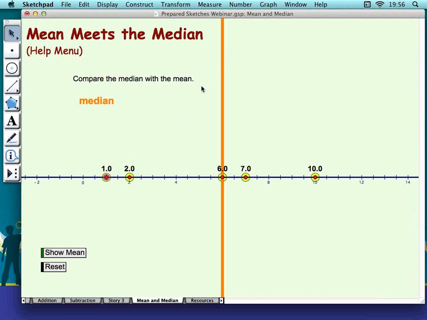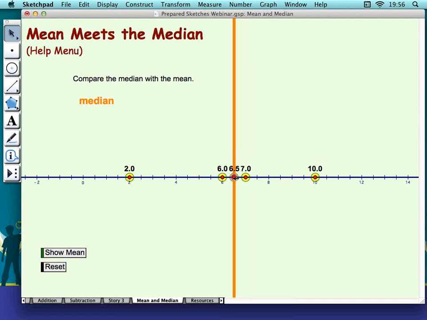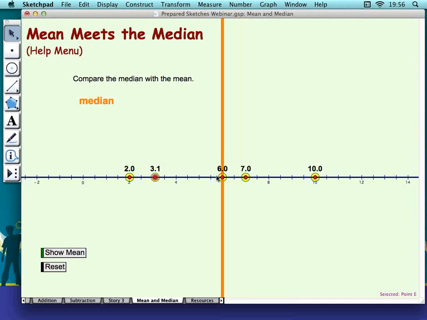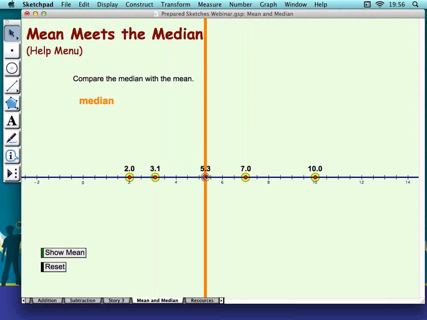And the orange bar here indicates the median, and kids have the opportunity to drag one of the data values along the number line and see that we're not getting any change in the median at, whoop, oh, look at that. We are getting some change in the median, but only within a certain range. So what if we drag this? Look at that. So the behavior of the median is very interesting here.